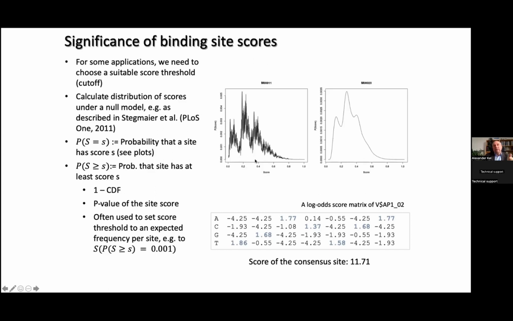So we computed this score for many random sequences, and then we even made our estimates based on the curves.